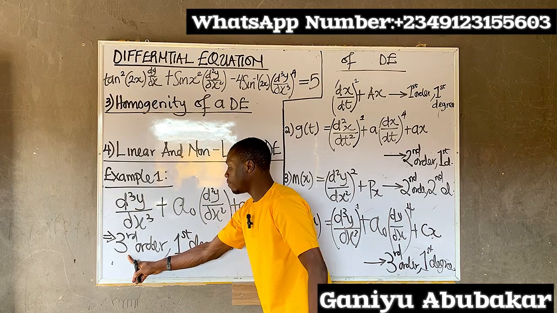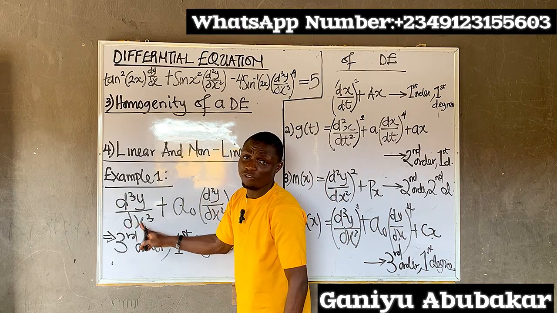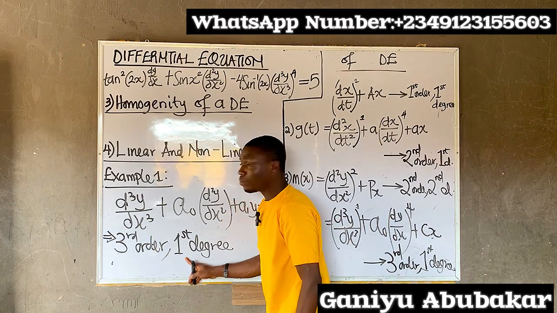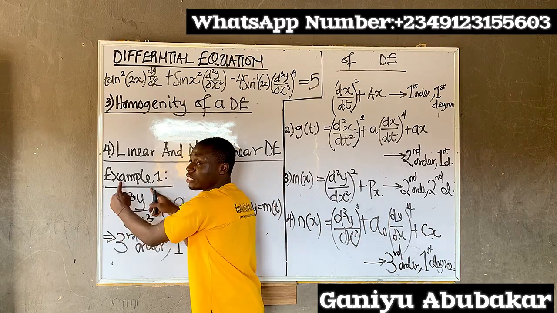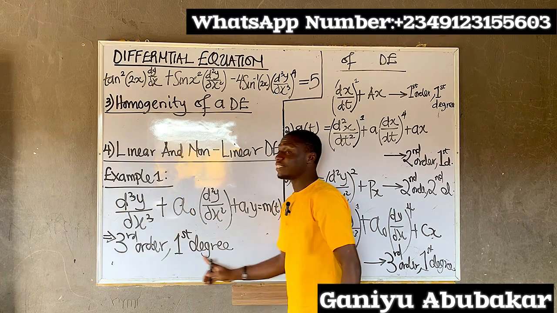We say order because this is the highest coefficient here. Degree is because the power to which this is being raised is 1. That's first degree.